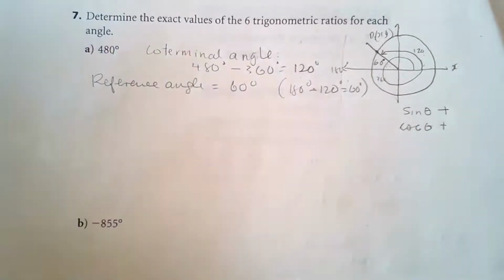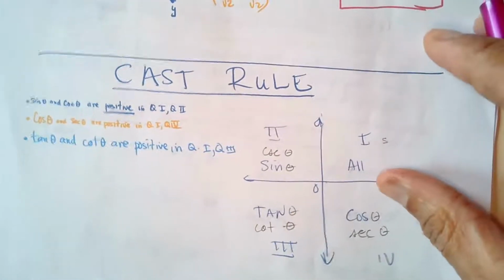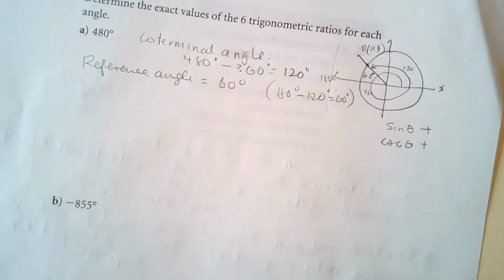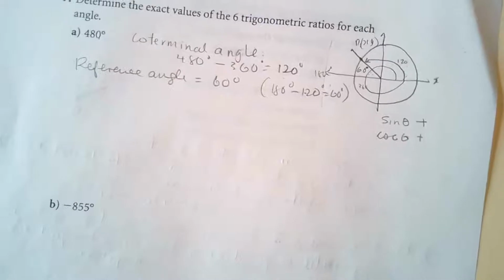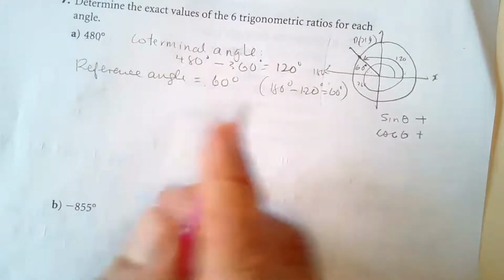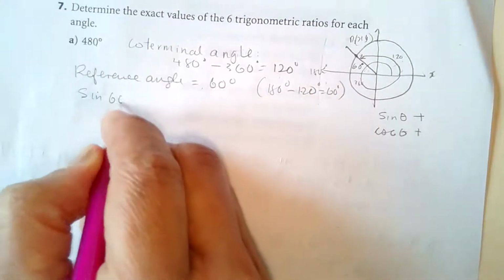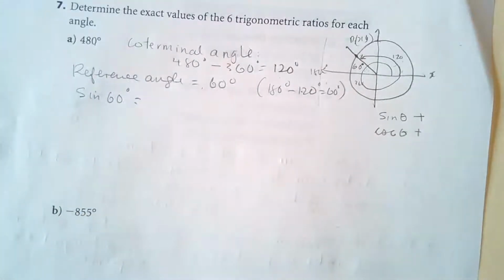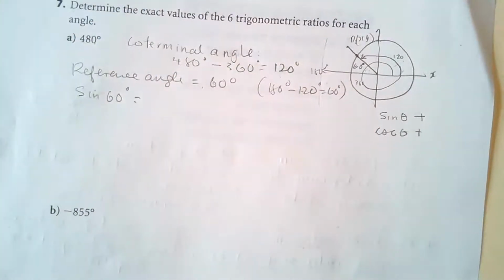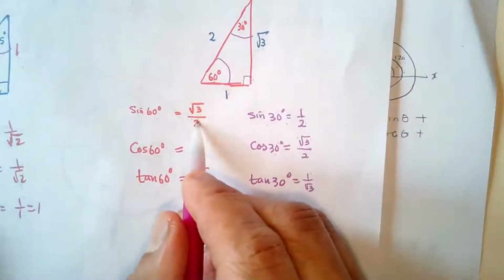They're negative because of the CAST rule, right? So I say refer to your CAST rule repeatedly because it helps make your work simpler. Now, we need to find the reference angle. So sine 60 degrees is equal to, and we'll go to our wonderful triangle, which we just did, by the way. Almost similar question. Okay, maybe I should have chosen a different question. It is root 3 over 2.